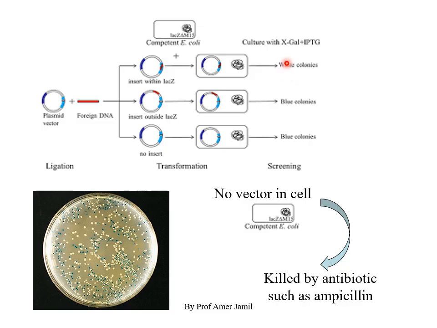Now, what is the specific reason for getting blue and white colonies? These white colonies are the required ones, because here the gene of interest is present and the vector is transformed inside the bacterial cells. There will be many copies of plasmid per cell, and we get this kind of result.